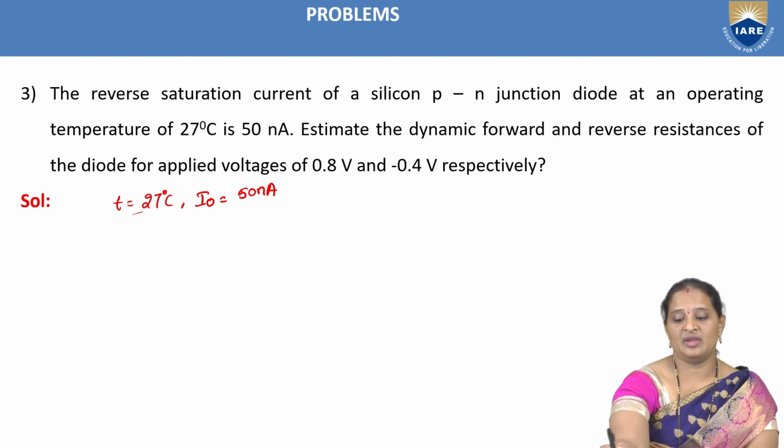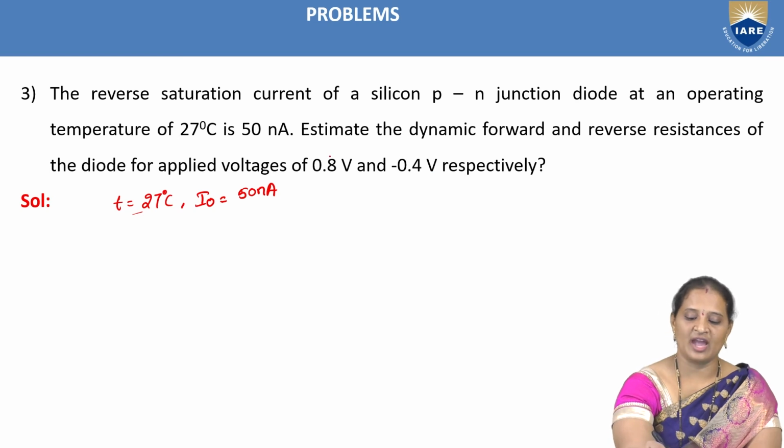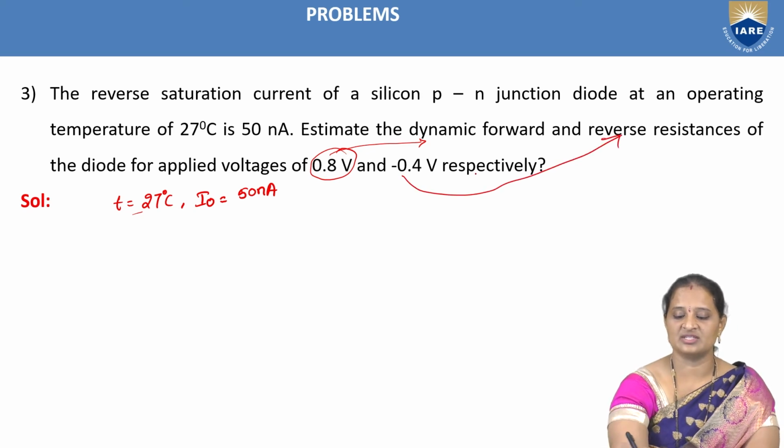Estimate the dynamic forward and reverse resistances of the diode for the applied voltage of 0.8 volts and minus 0.4 volts respectively. That means we need to calculate dynamic forward resistance for the applied voltage of 0.8 and dynamic reverse resistance for an applied voltage of minus 0.4.